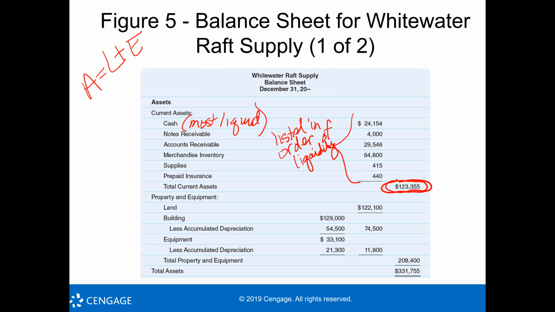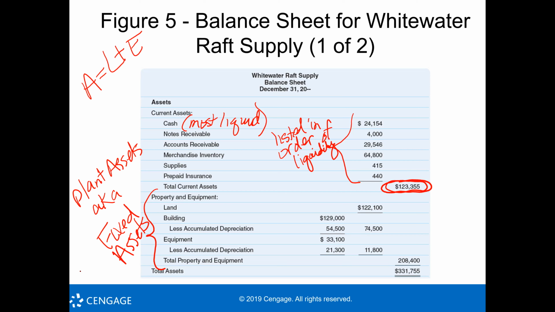And then we list our fixed assets. That's property, plant, and equipment. We call those fixed assets, AKA plant assets are another name for these, or just simply PPE, which is property, plant, and equipment.